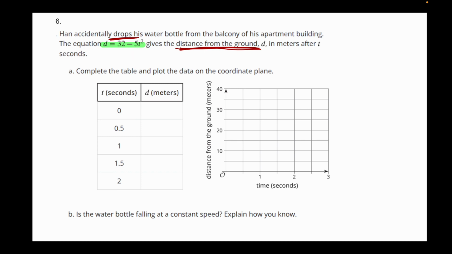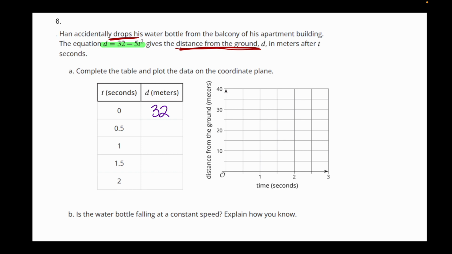So essentially here we have 32 minus 0, so that would start us at 32. So that's the height that he's originally dropping it from on accident, but still. Then, and you may want to use a calculator for this. I know you get a calculator to use on your test, so don't be shy. But it's always good to also check and see if you can do some of this in your head first. But I'm going to use a calculator here just for time's sake.